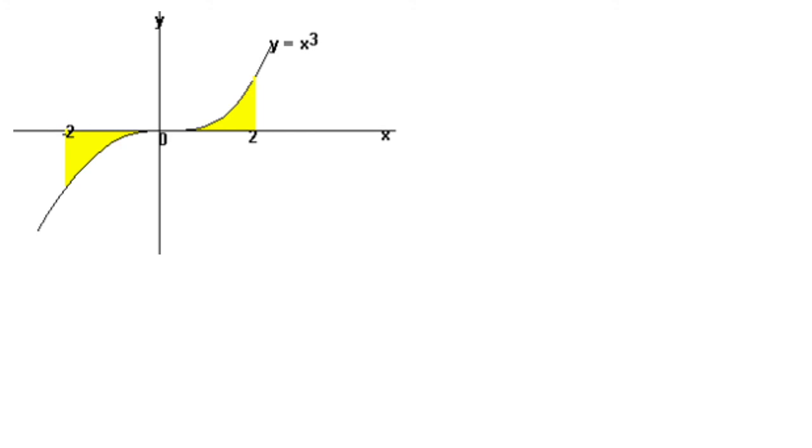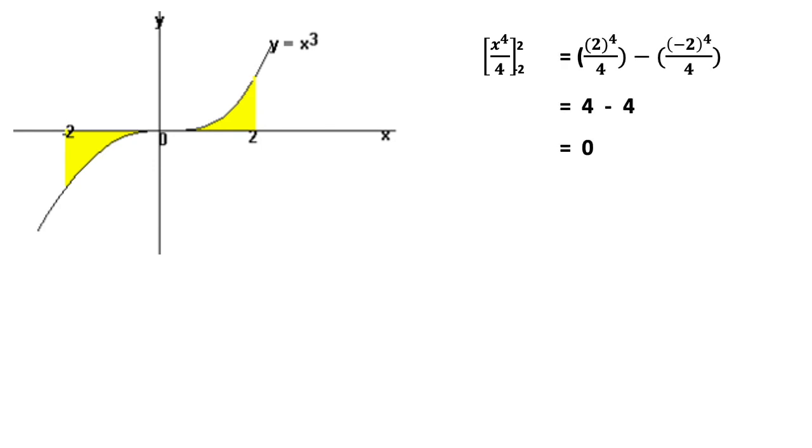To find the area between the curve y equals x cubed, the x-axis, and the lines x equals minus 2 and x equals 2, if we integrate x cubed between minus 2 and 2, we would get x to the power of 4 over 4, with the limits 2 and minus 2. If we substitute the 2 in and substitute the minus 2 in, we would get 0 as an answer. This doesn't make sense and is in fact incorrect.